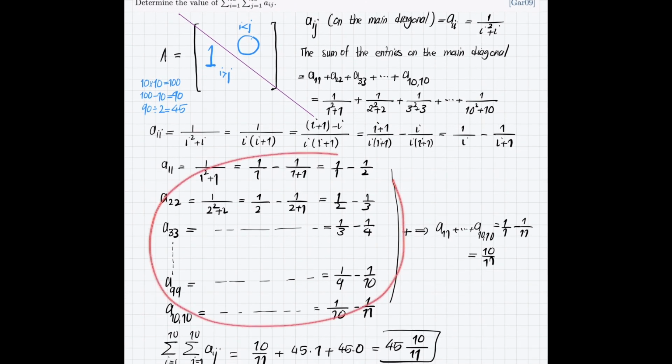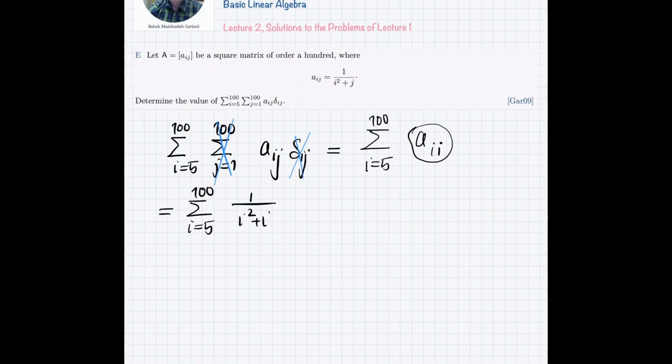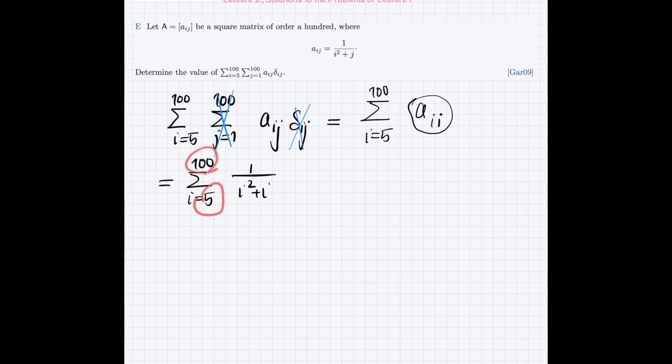I mentioned that this is a telescopic sum, but in that problem, i starts from 1 to 10, but in my problem here, it goes from 5 to 100, even though that's a very big number of fractions, but because of telescopic sum we can do it easily.